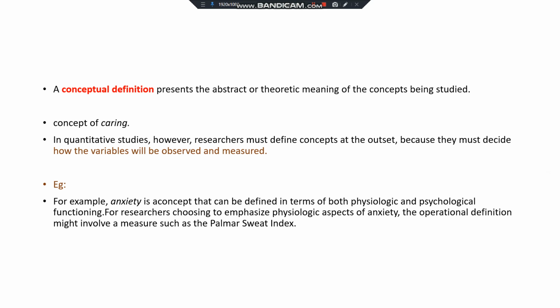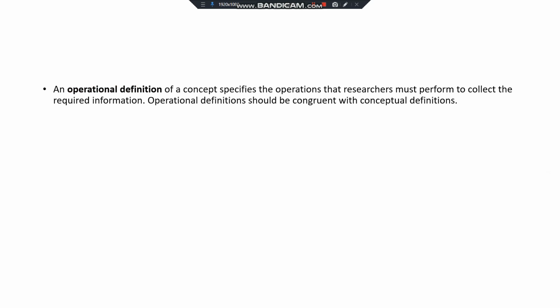Maybe we are measuring the anxiety of patients or the personal hygiene of patients. Like sociology students, they are going to study the caste system, or some traditional folk practices. Maybe we are going to study the behavior of some specific personalities. Everything we are going to assess, or what variable we are assessing, that is the conceptual definition.